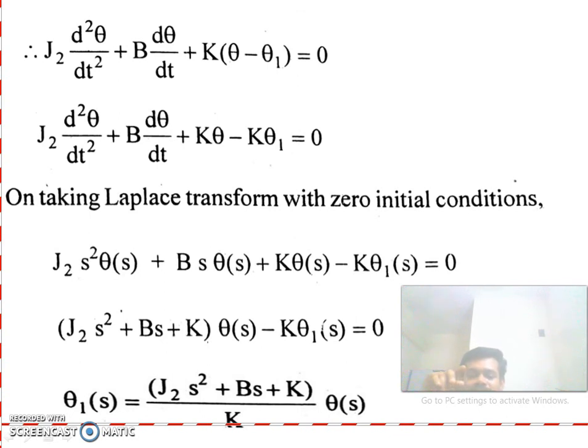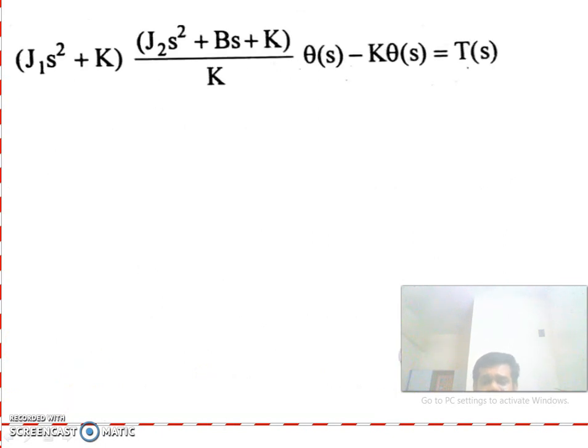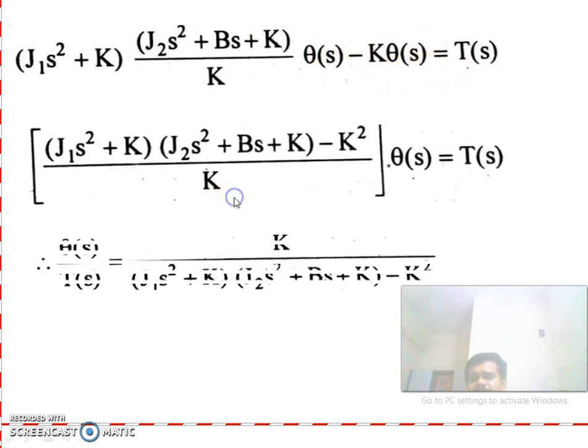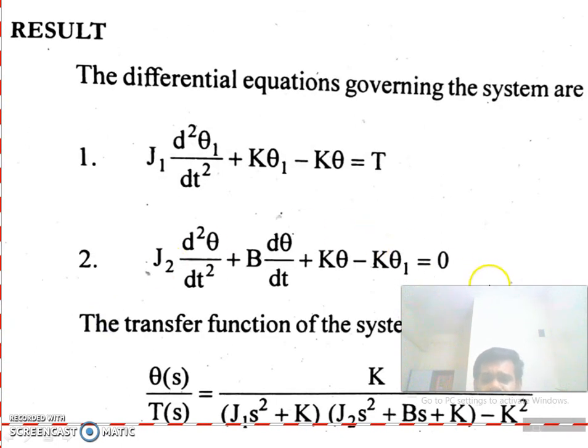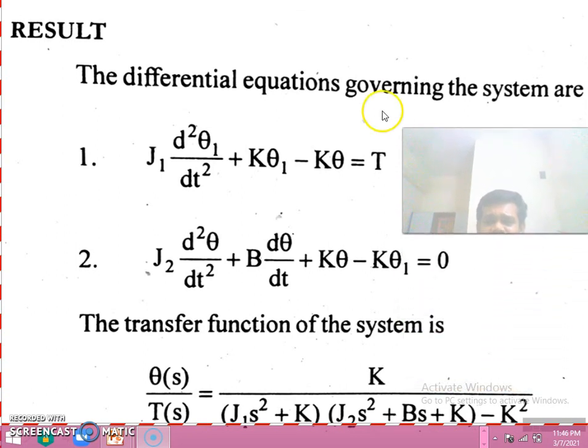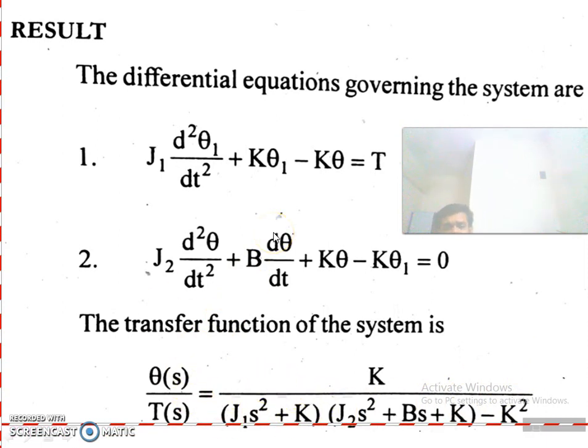In that expression, we substitute this value of theta 1 of s. After substituting that, we find theta of s divided by T of s, which is the transfer function of the given system. So we write the answer: first the two differential equations, and then finally the transfer function that you have got.